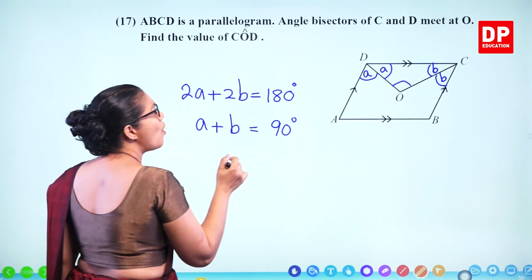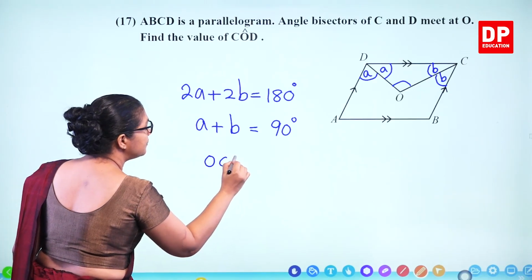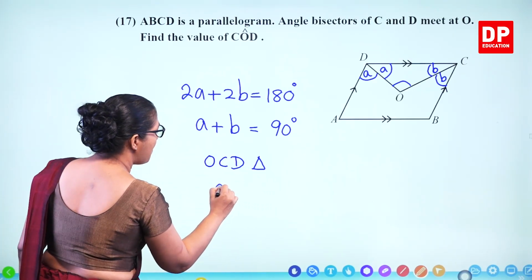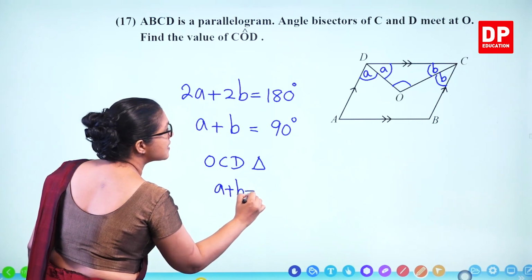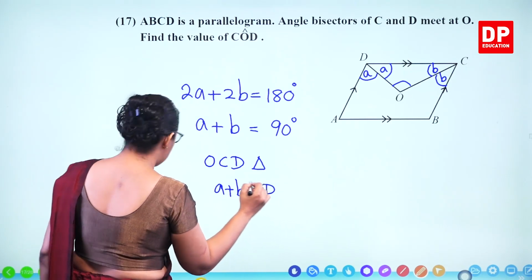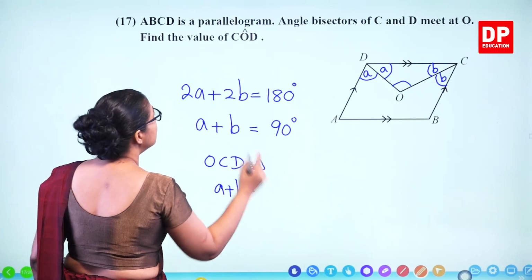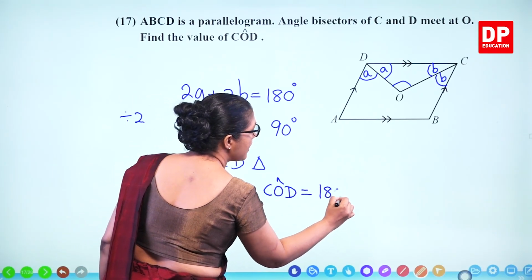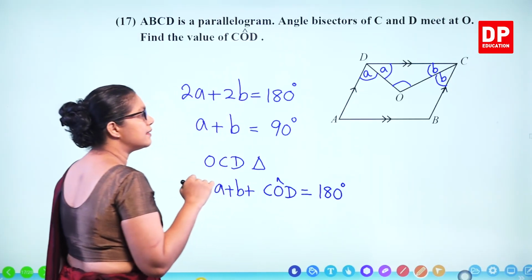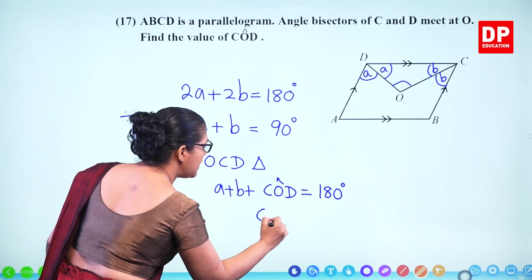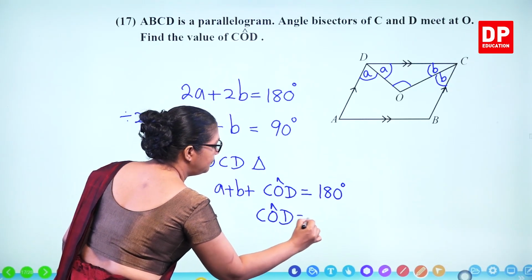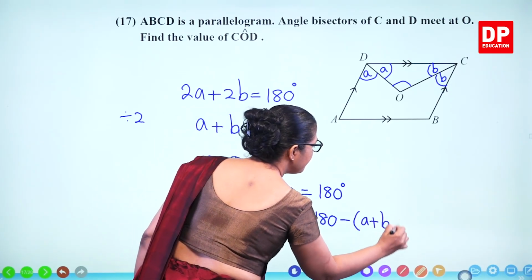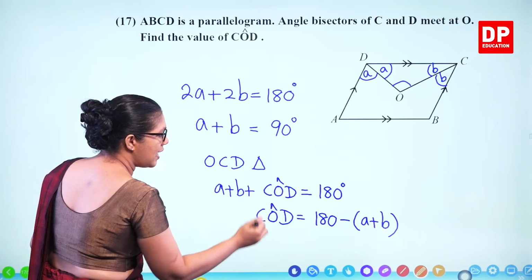Now think about triangle OCD. In triangle OCD, A plus B plus angle COD is 180. That's angles in a triangle. So what is COD? 180 minus A plus B. We are taking these two to the other side.